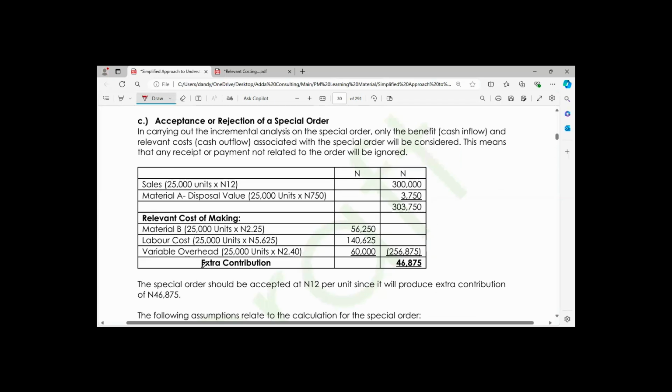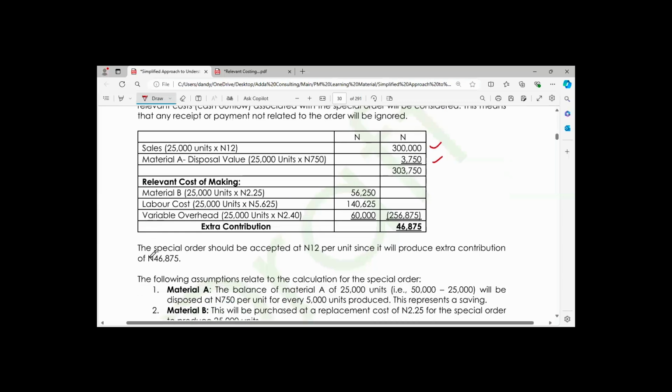Okay, so 25,000 units multiplied by 12 naira gave us the 300,000. Under material A, when you want to produce, you are going to need material. Under material A, 25,000 units, there's a saving of 25,000 units at 750 naira. We got 3,750. We already have that number before.